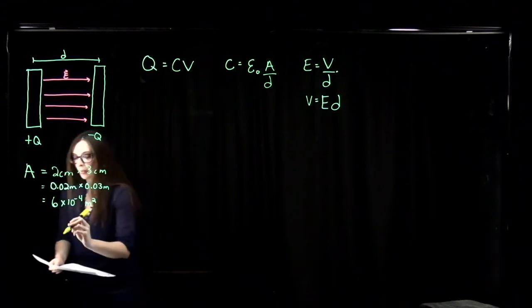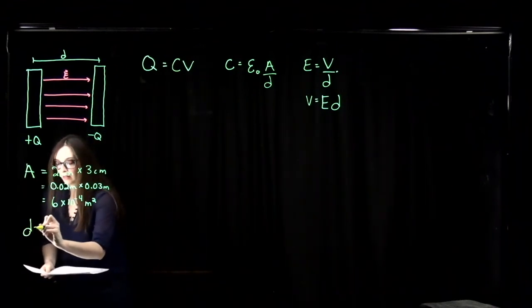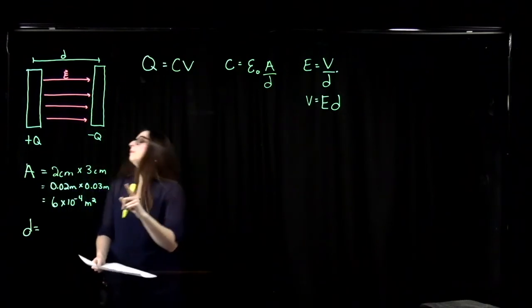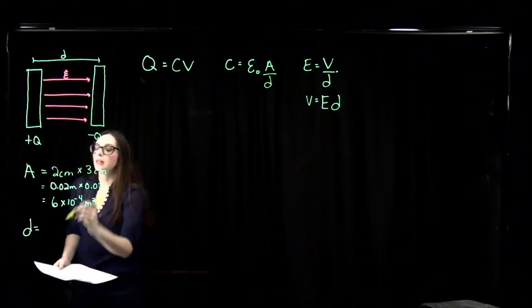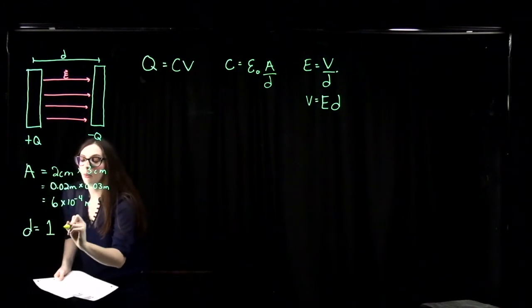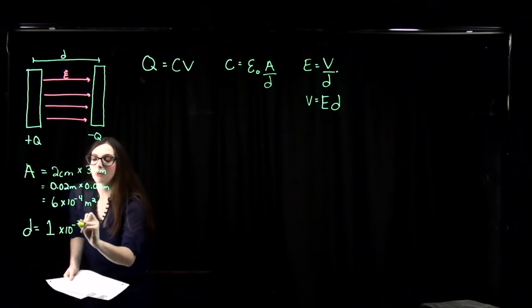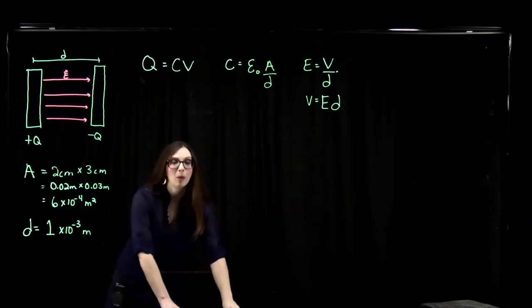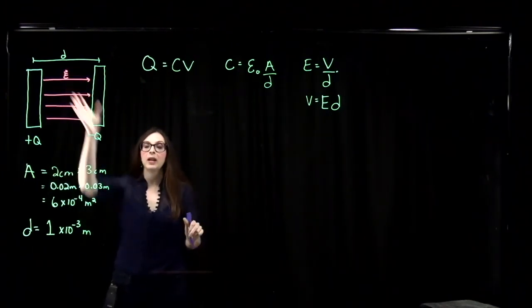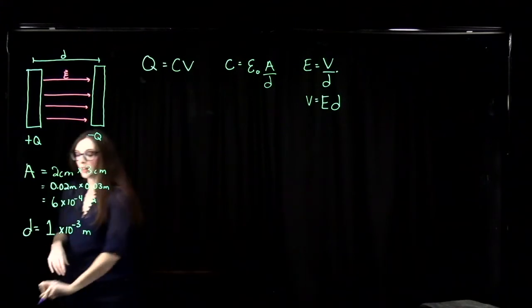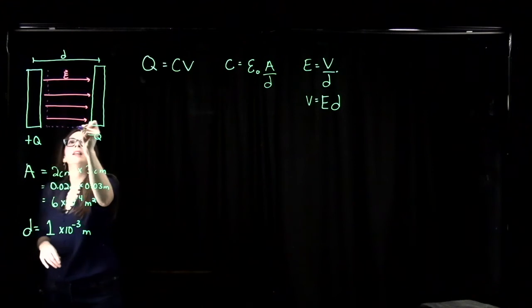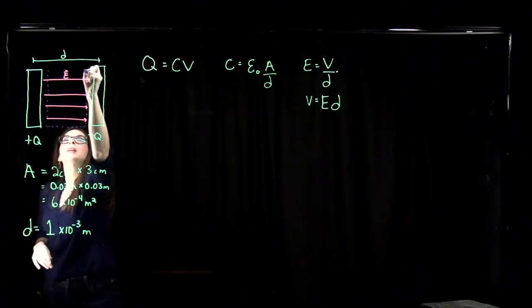The plates are separated by 1 millimeter thickness of paper. So the plates here are separated by 1 millimeter, 1 times 10 to the minus 3 meters distance. And we're going to place a piece of paper inside my capacitor as the dielectric. And I'm going to represent my now dielectric that's inside the capacitor here.